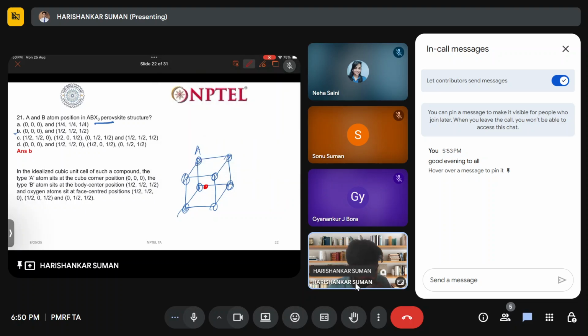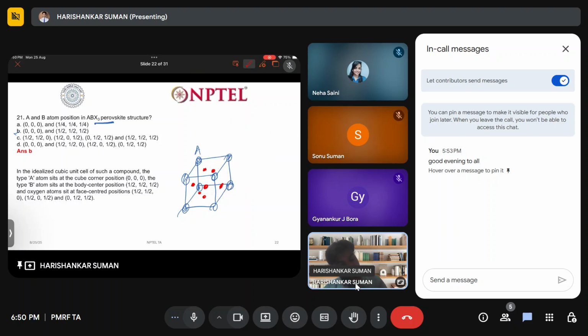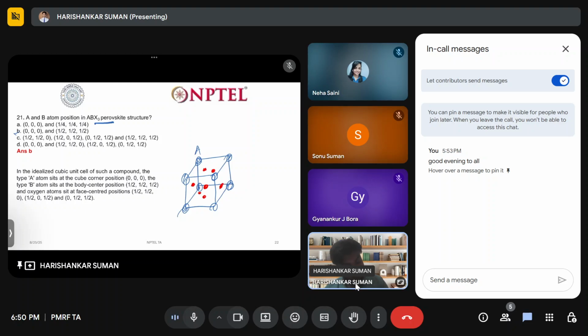This is D. The oxygen atom is situated at the face centered position. So that's why the position of A is 0, 0, 0, while B is half, half, half. And this quarter oxygen or X3.